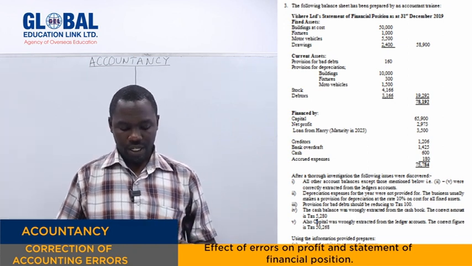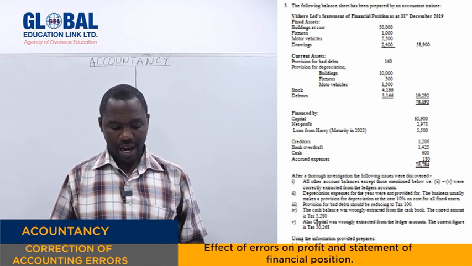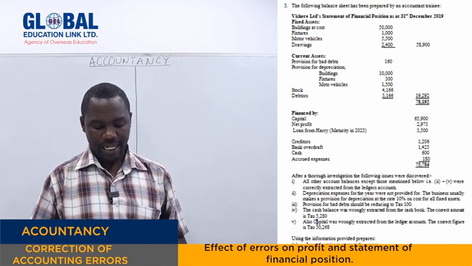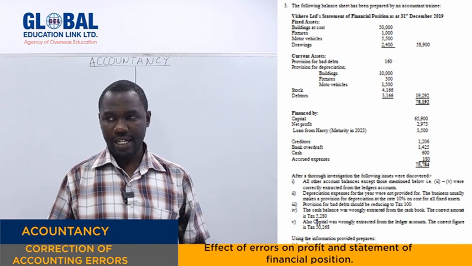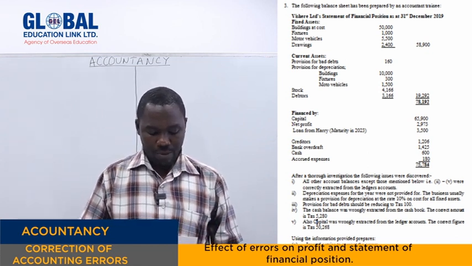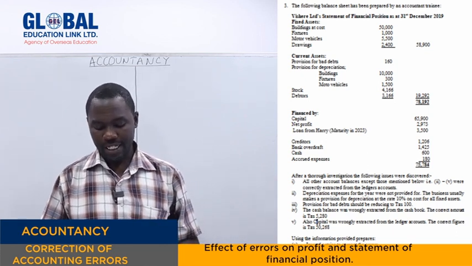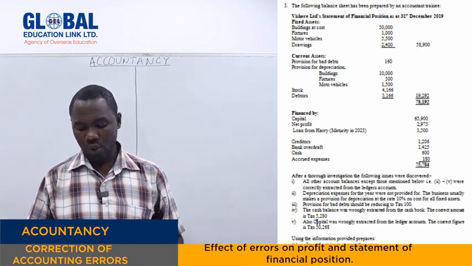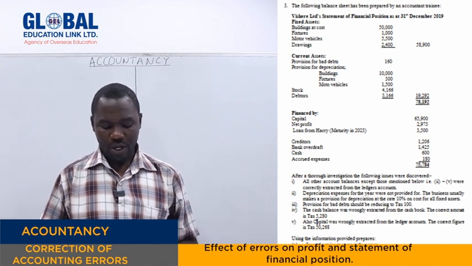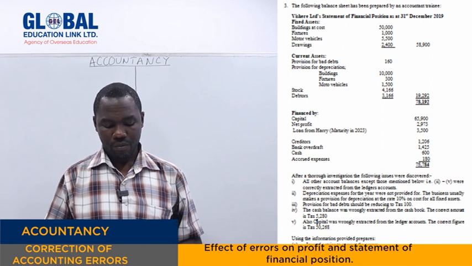So the question continues, telling us that after a thorough investigation, the following issues were discovered. One: all other account balances except those mentioned below in parts 2 to 5 were correctly extracted from the ledger accounts.